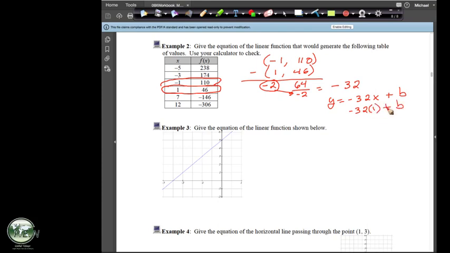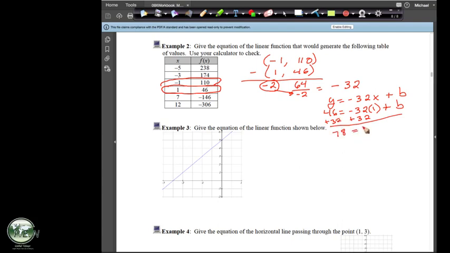But yeah, just take 1, and that's supposed to be equal to 46. Do the math. 32 times 1, I love it, I can do that in my head. It's -32. And then I add 32 to both sides, right? So add 32, and that gives us 78.